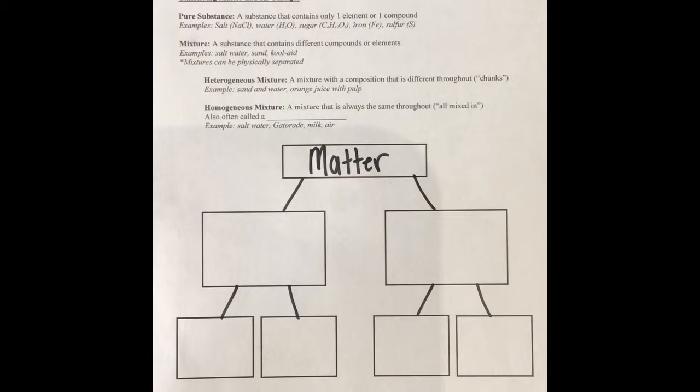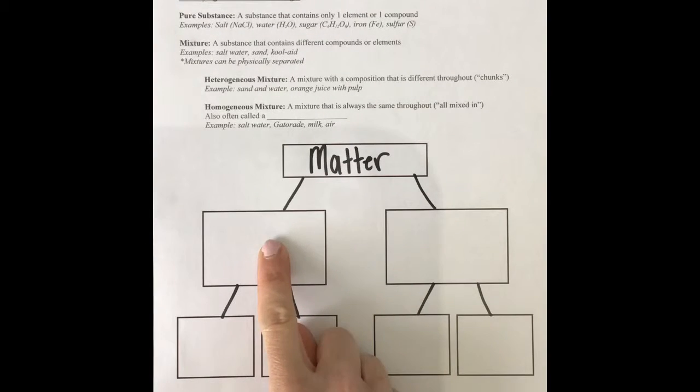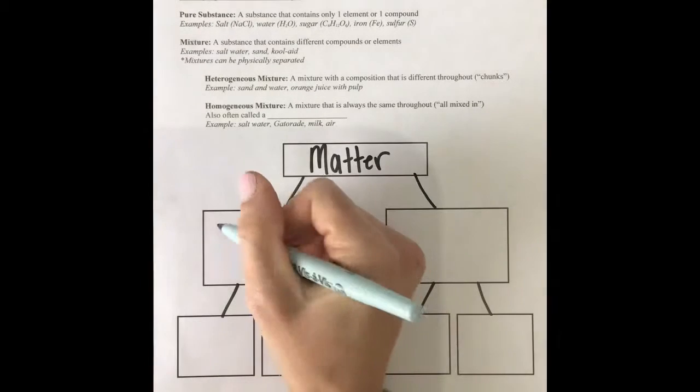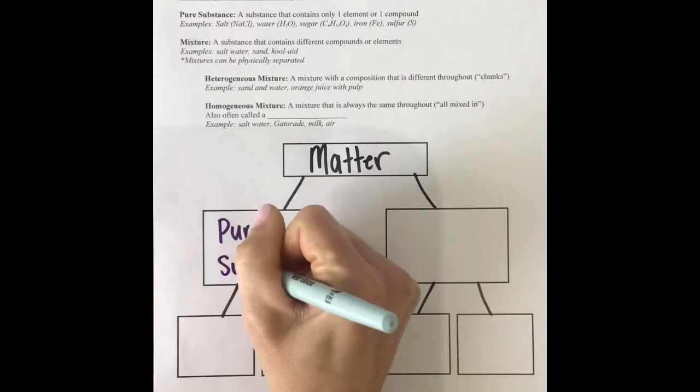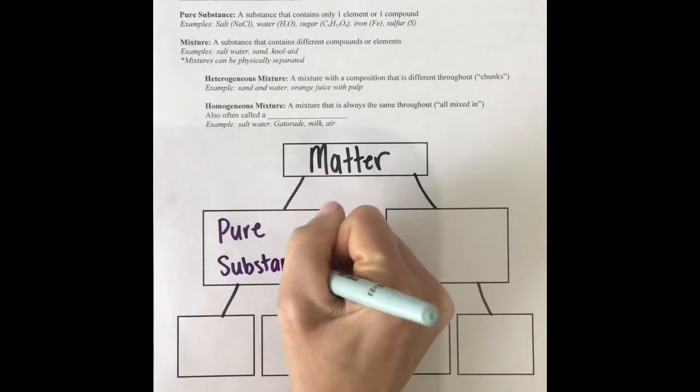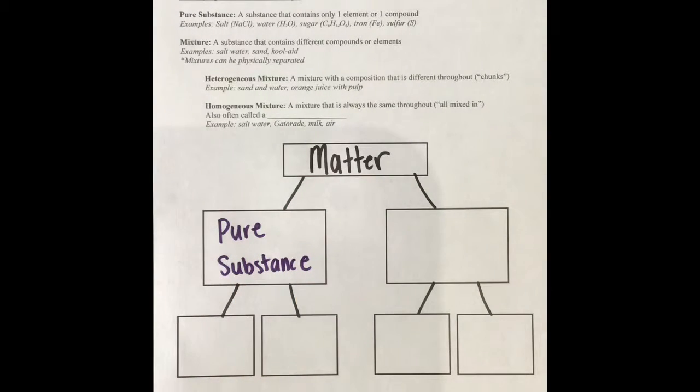Okay, the first type of matter we're going to talk about is something called a pure substance. And if you go back up to the top, I've defined a pure substance for you.